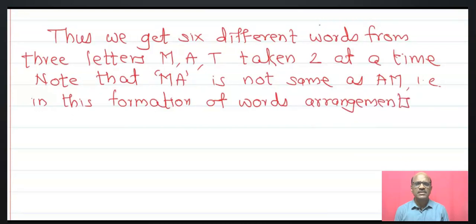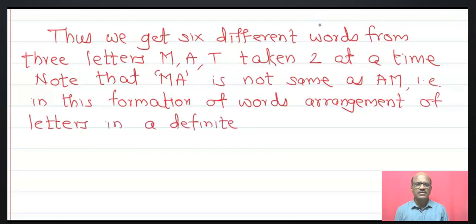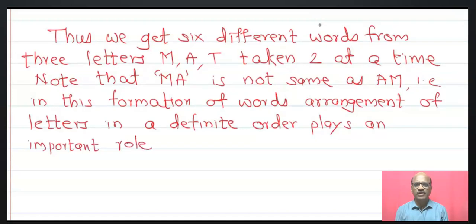That is, in this formation of the words, the arrangement of letters in a definite order, that is, we can take any two letters in a different arrangement, in a definite order plays an important role.